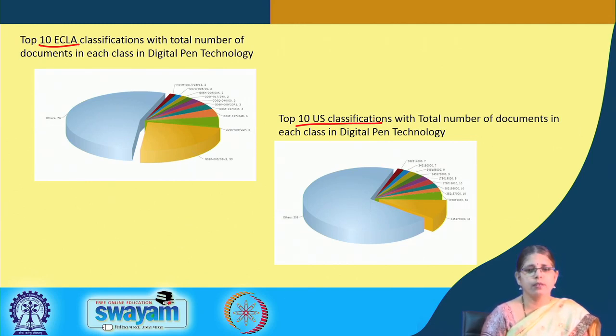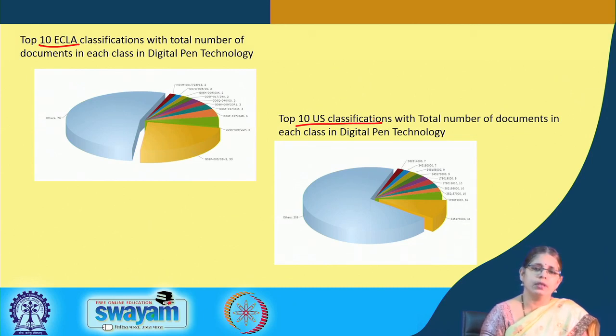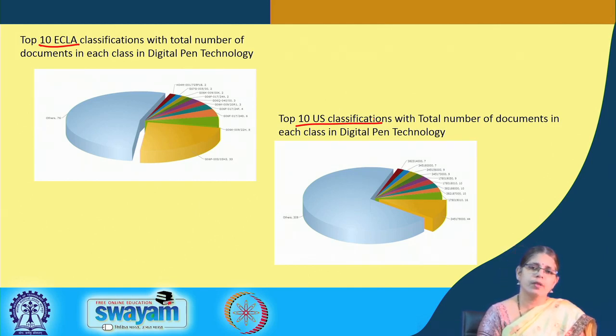If one looks at the top 10 ECLA codes, you can see this is how the data is available. Again, with respect to the US classification codes, one can find the documents. One would wonder why one would embark on looking at the IPC codes on one end, ECLA codes on the other end, and also the US patent classifications.